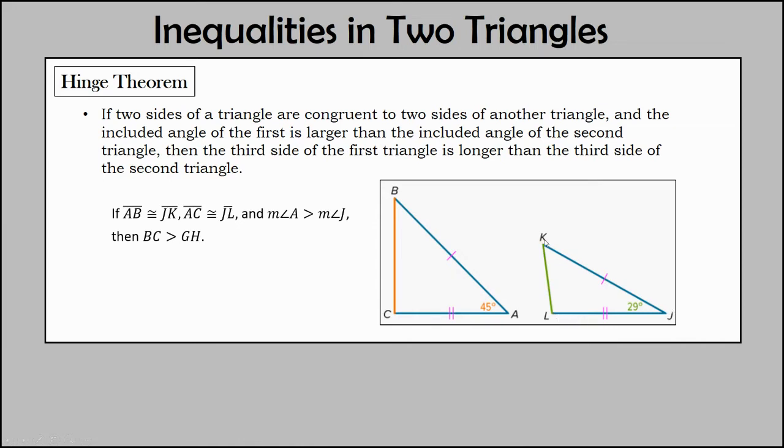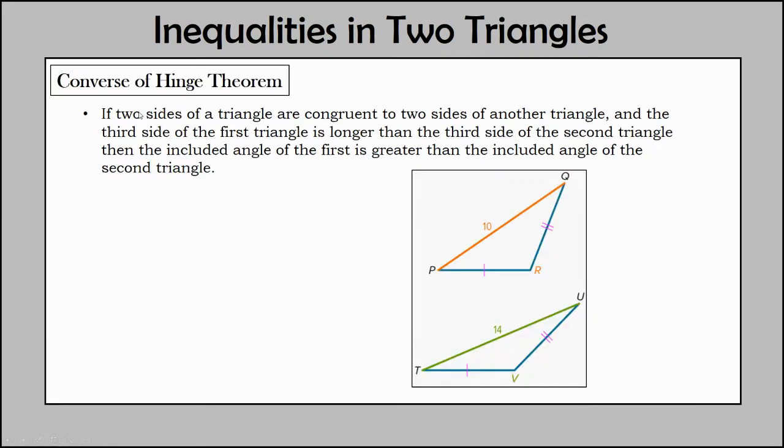Okay, but your hinge has to be made up of congruent sides to make that determination. All right, so we've got to look for a hinge made up of congruent sides, and then we can use the angle in that hinge to compare the side lengths of the two third sides of the triangles.